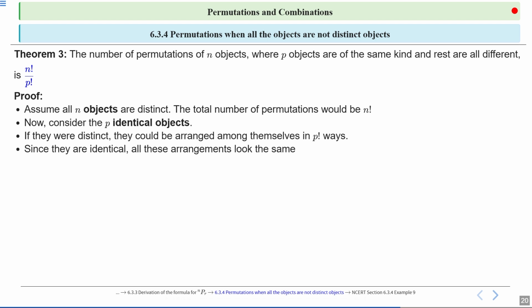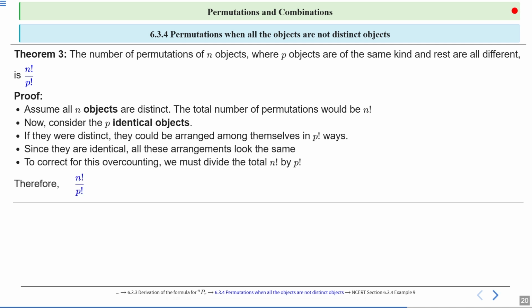Since they are identical, all these arrangements look the same. So to correct for this overcounting, we must divide the total number of permutations, n factorial, by p factorial. Therefore the number of permutations of n objects where p are identical and the rest are all different is n factorial upon p factorial. I think this theorem is clear to all of you.